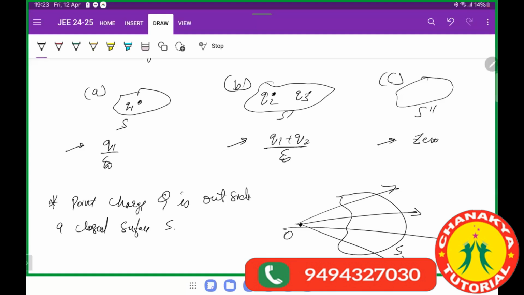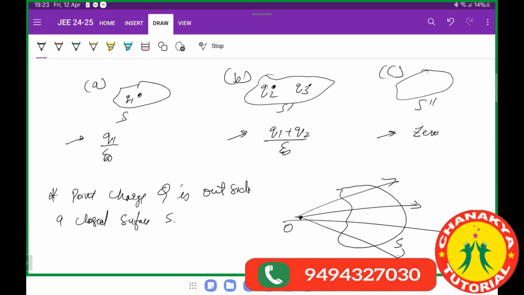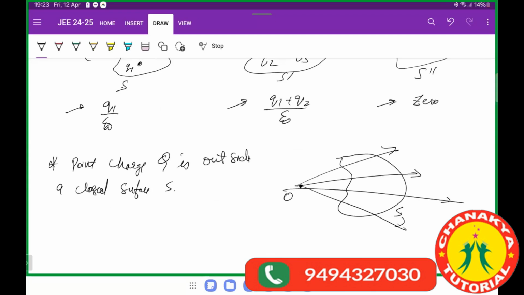The number of field lines entering the surface will be equal to the number of field lines leaving.